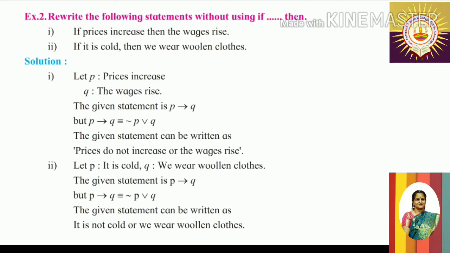Now the first example, if price increases then the wages rise. This is a conditional statement, so we write the two statements as P, Q. Let P is price increases, Q is the wages rise.